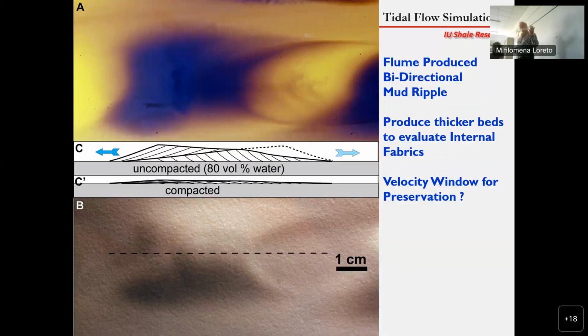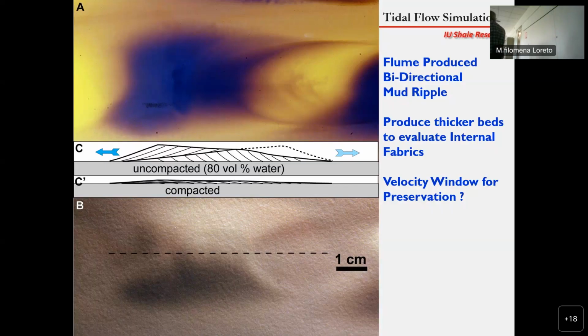And here we did a flume experiment with a tidal program. You can see that we have basically a ripple that first moved this way, and then we reversed the flow and it moved that way. And we have done experiments that ran for several months, building up mud.